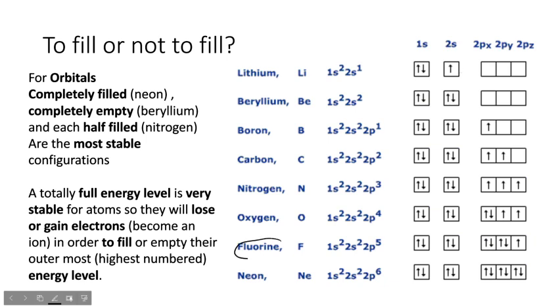On the other hand, if we look at fluorine, in its second energy level, it only needs one more electron to have a completely full outer energy level, which means it is also going to be extremely reactive, but it wants to pull an electron in so that it can have a full outer energy level. That means fluorine is extremely reactive.